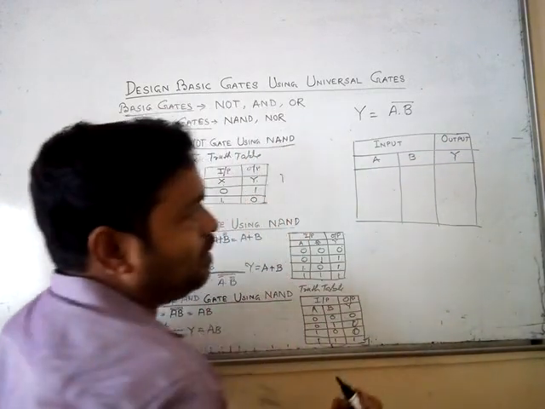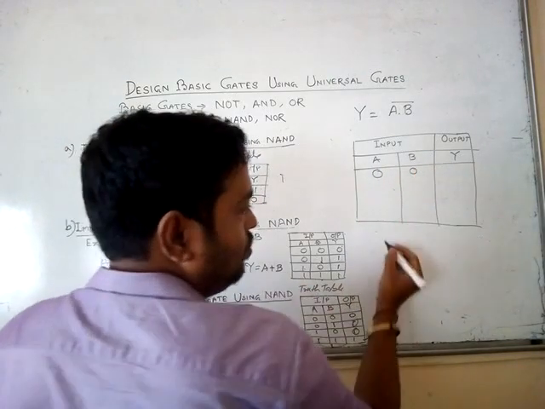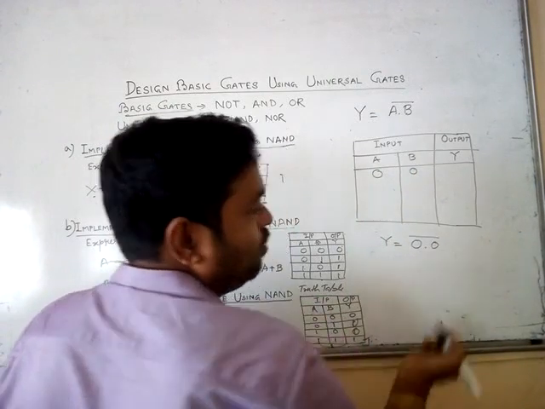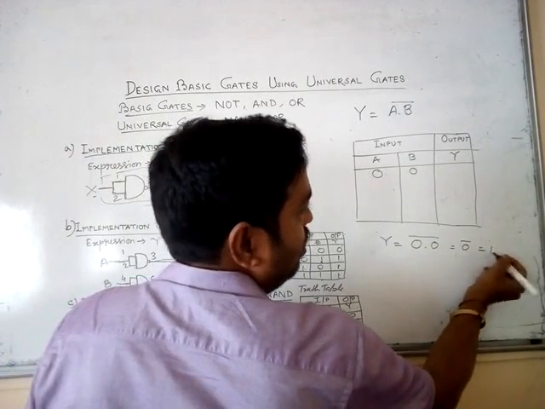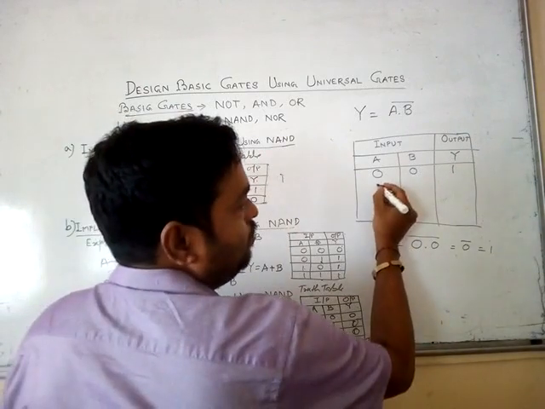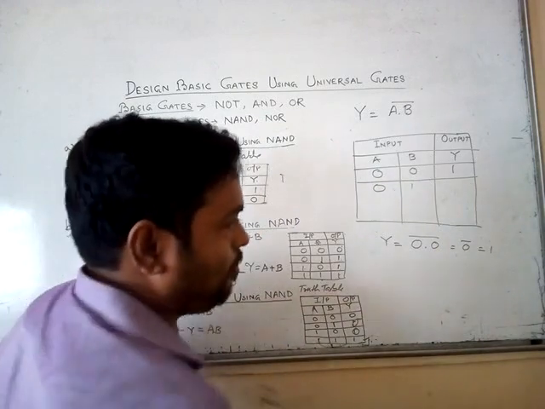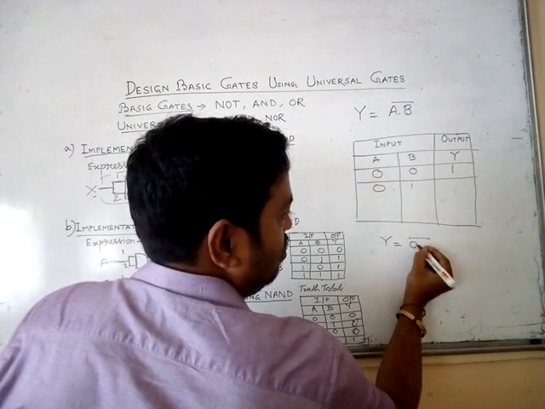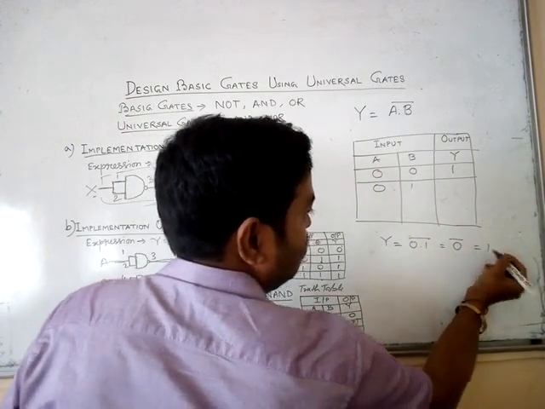So whenever we take input 0 0, what will be the output? You can take 0 dot 0, then whole bar. 0 dot 0 means 0, but the bar means 1. So output will be 1. Whenever we take input 0 1, what will be the output? 0 dot 1 means 0, so output will be 1.